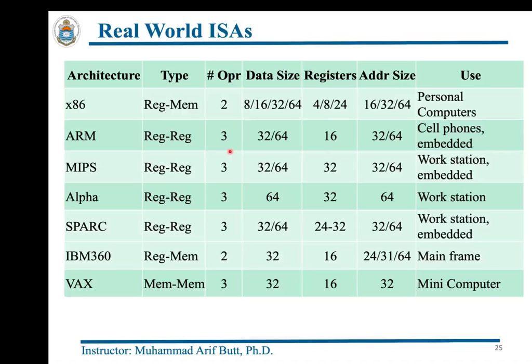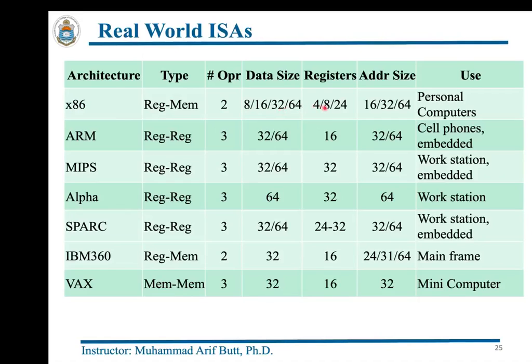This slide gives you a brief summary of some real world instruction set architectures. For example, x86 architecture at the top tells you that the class of the ISA is register memory. The maximum operand support is 2. The data size support varies from 8-bit to 64 bits depending on the different architectures.